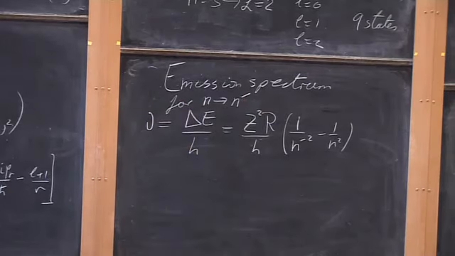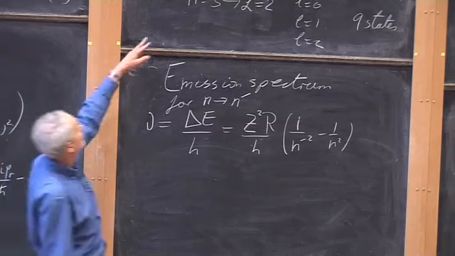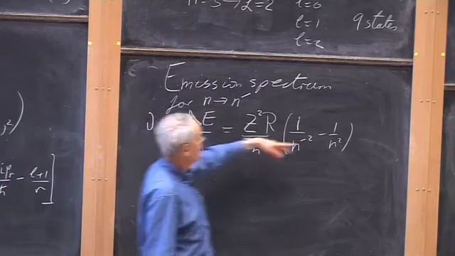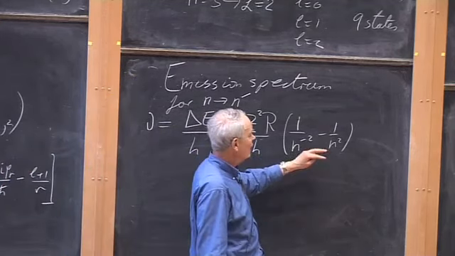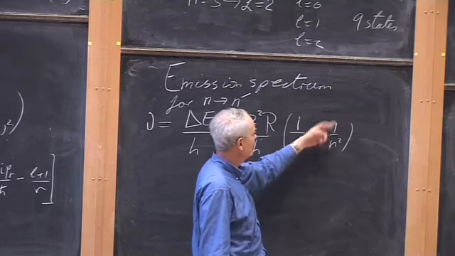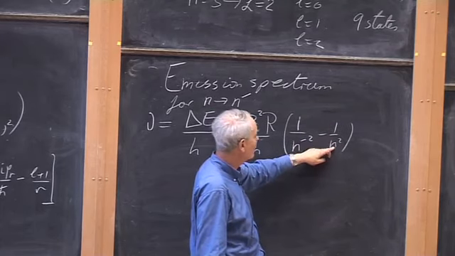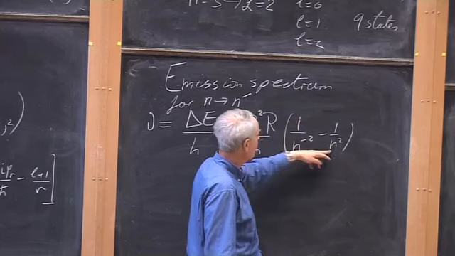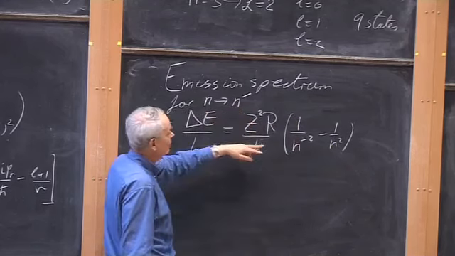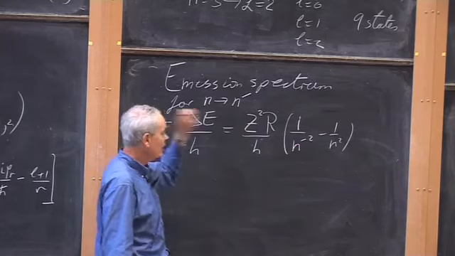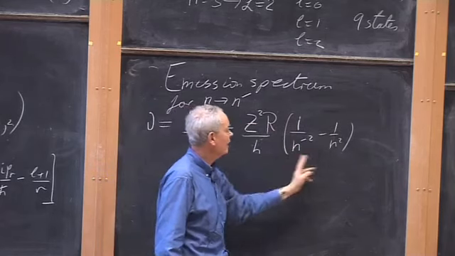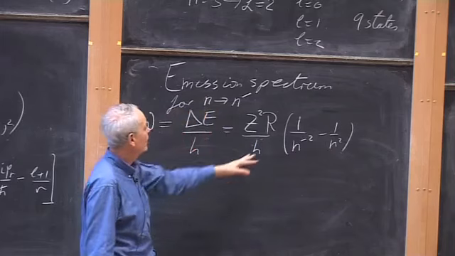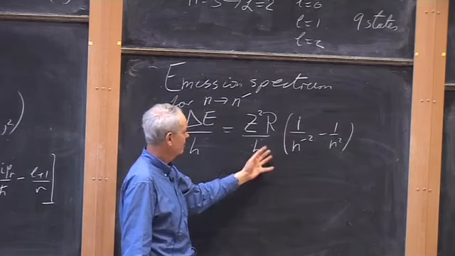So if you were in one of these higher states, for example, n equals 2, your energy will be a smaller negative number, right? You'll have 1 over 2 squared. You'll have a quarter here, and if you then fall down to the state n prime equals 1, in which case this will be 1, so this bracket will be, say, 3/4, and you will get 3/4 of this number coming out.